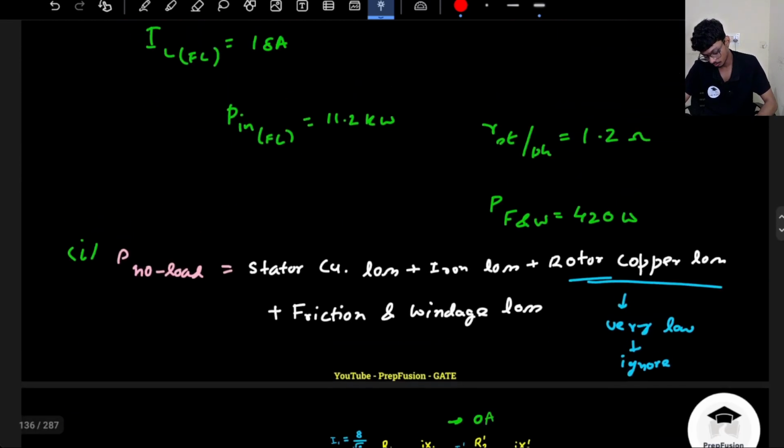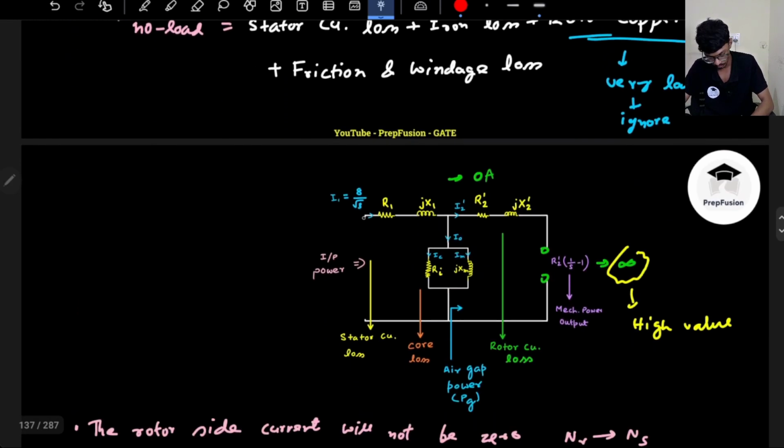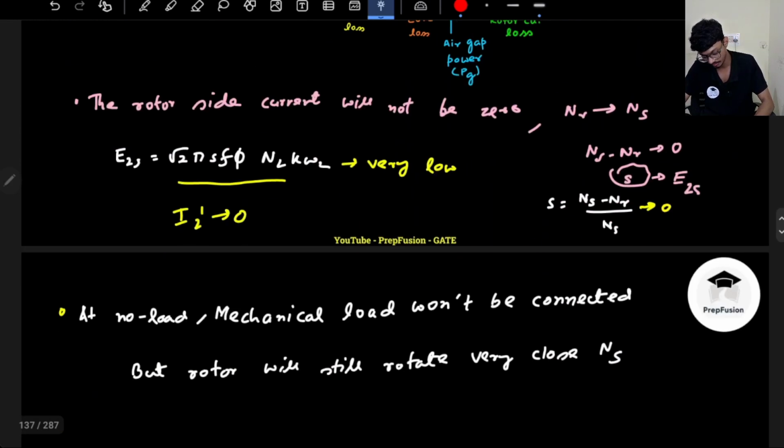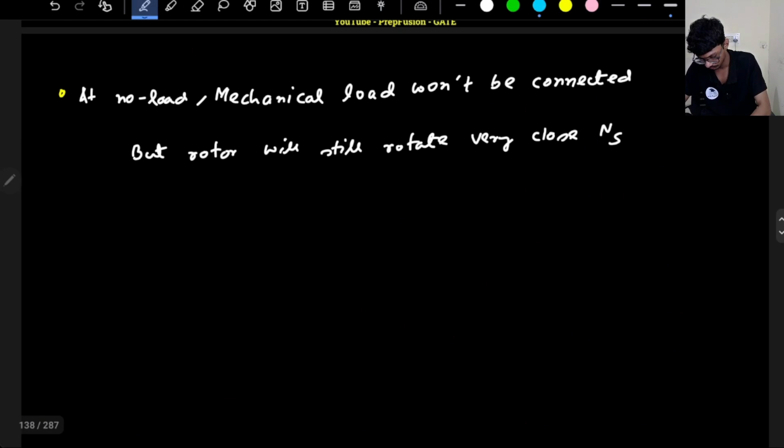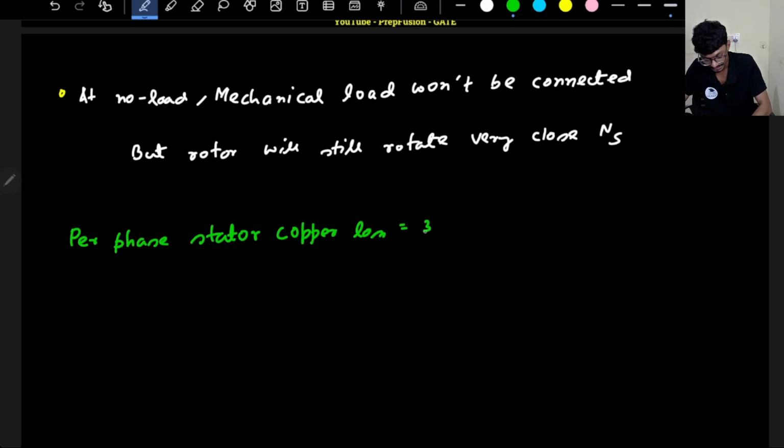Now, I know the no load loss. Do I know the stator copper loss? Yes. I know the current through the stator. Per phase stator copper loss will be what? If I directly write the stator copper loss, it will be 3 into I1 per phase whole square into the stator resistance R1, right?